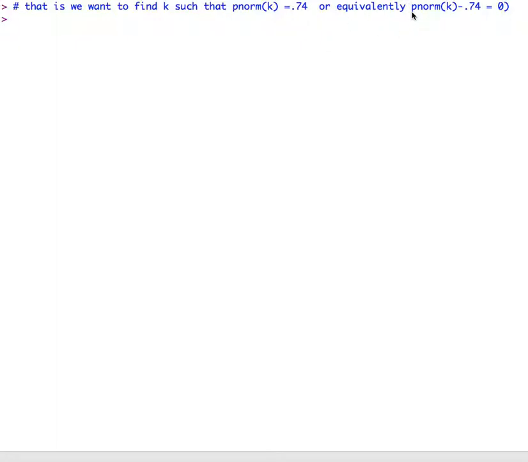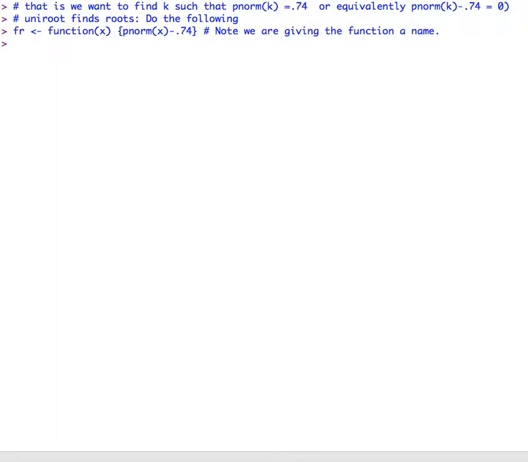In the uniroot version, it has to be pnorm of k minus 0.74 equals 0. In this case, I'm going to define my function outside of the uniroot function and give it a name. So I'm going to call my function fr. Notice it's just pnorm of x minus 0.74.